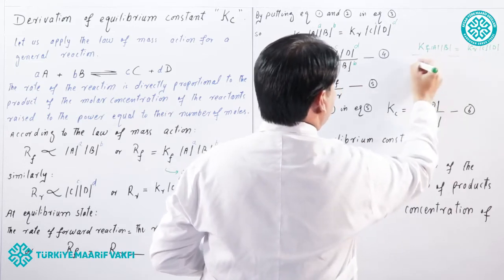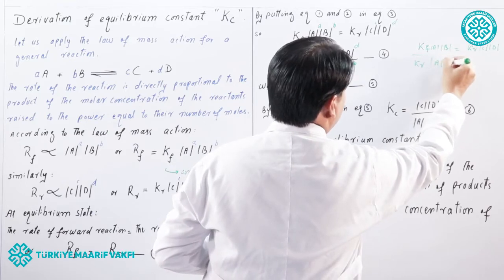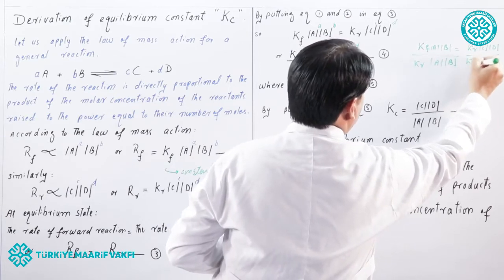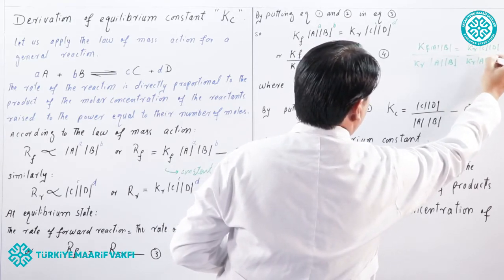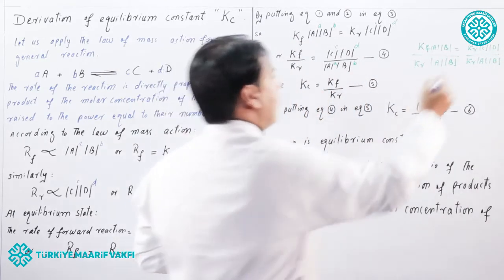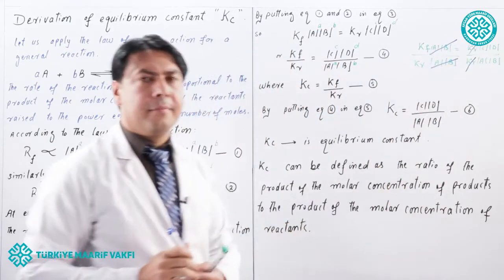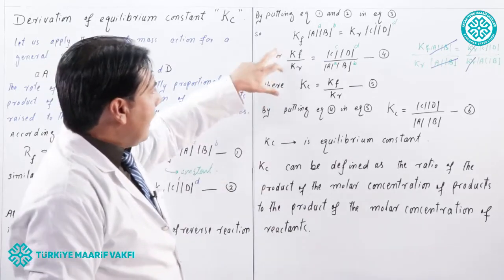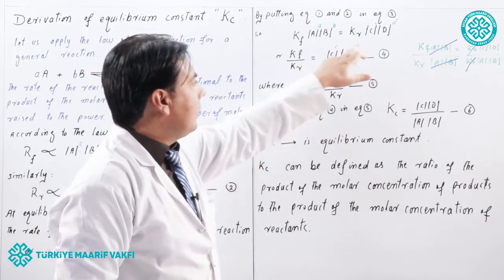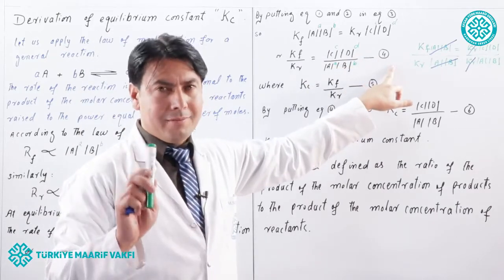Now dividing both sides by Kr and also both sides by [A]^a into [B]^b, we cancel Kr with Kr and [A]^a [B]^b with [A]^a [B]^b. So Kf by Kr is equal to [C]^c into [D]^d divided by [A]^a into [B]^b. This is equation 4.